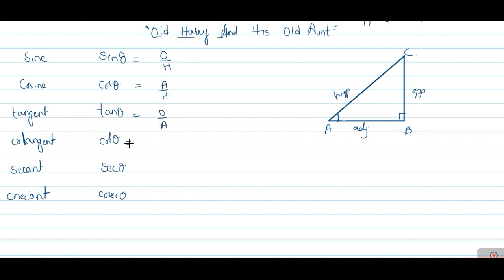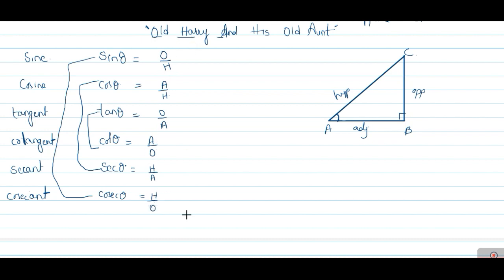Now we know that cot is the inverse of tan, so it will be A by O, and secant is the multiplicative inverse of cos, so it will be the reverse of this one, that is hypotenuse by adjacent, and cosecant is the multiplicative inverse of sin. Sin is O by H, so cosecant will be H by O.